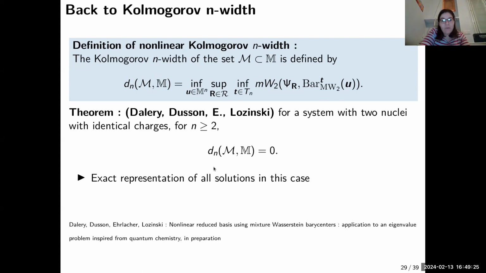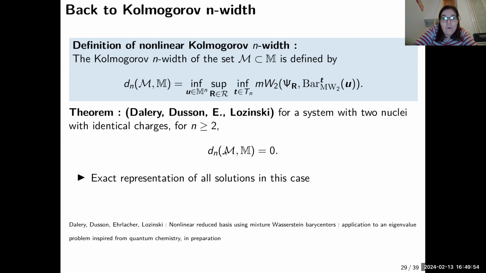And what you can prove is that this modified Wasserstein Kolmogorov n-width for our one-dimensional toy model, in the case of two nuclei, is just equal to 0 as soon as n is greater than 2. So you can represent exactly the solutions of our toy one-dimensional problem as modified Wasserstein barycenters between two snapshots.